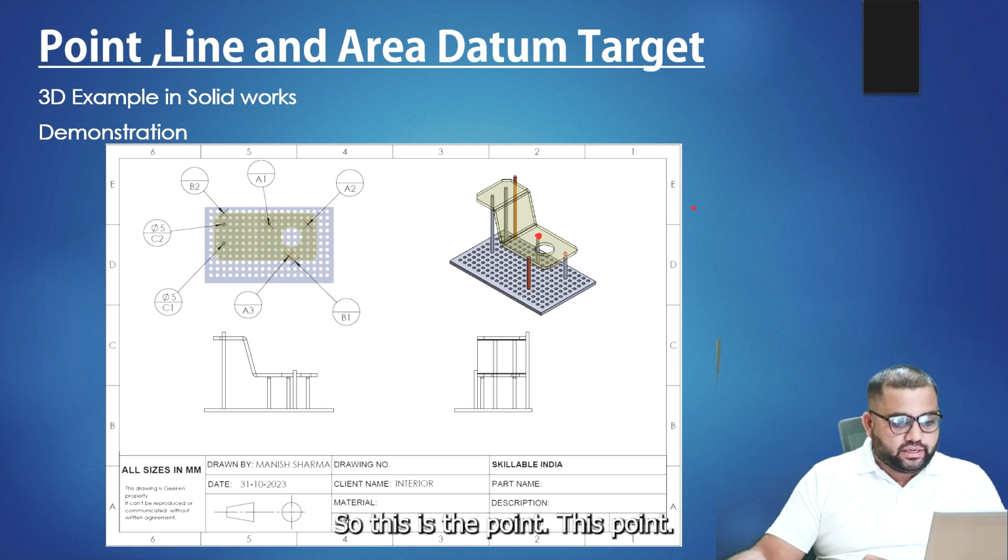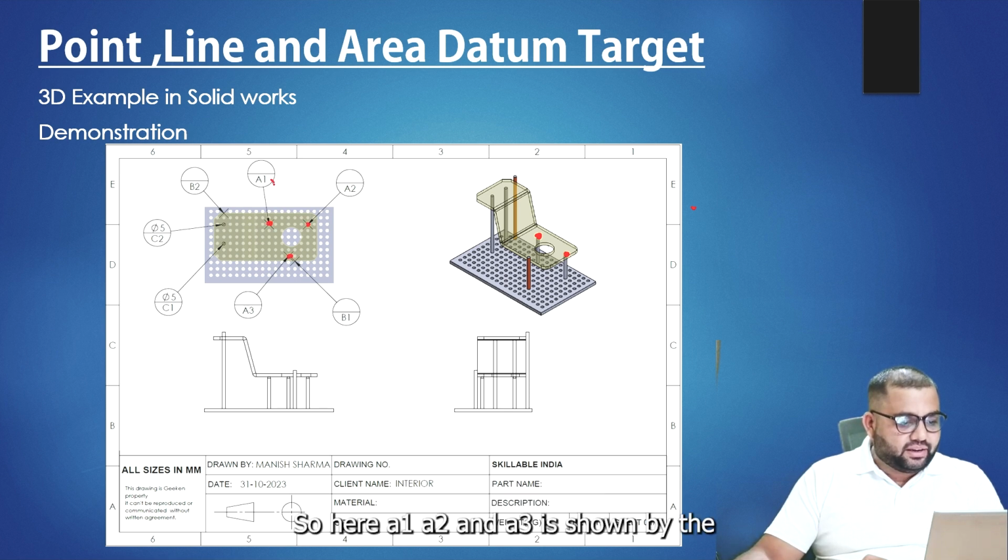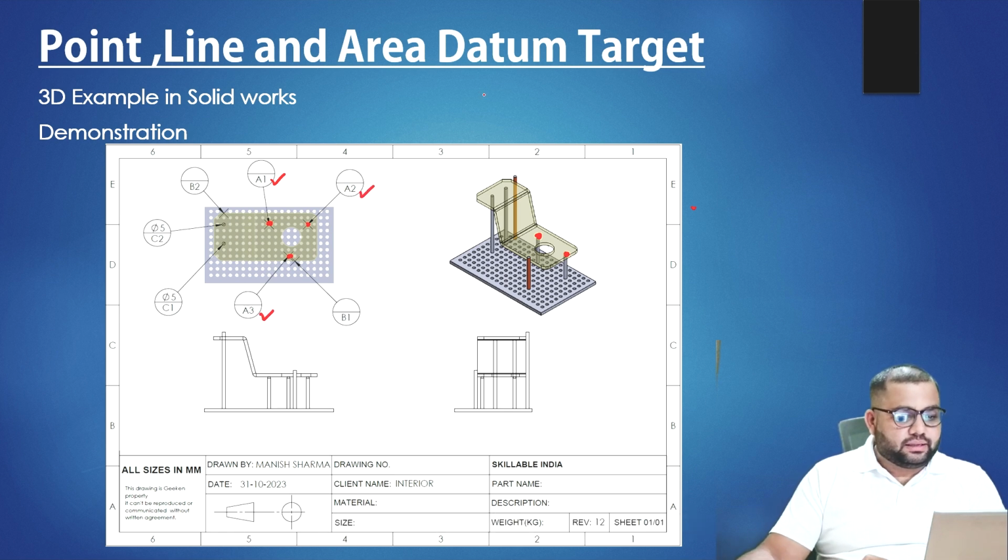This is one point, this is another point, and one more point is there. So 1 point, 2 point, 3 point contact. Here A1, A2, and A3 are shown by the point datum target.